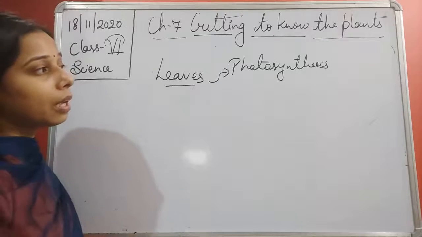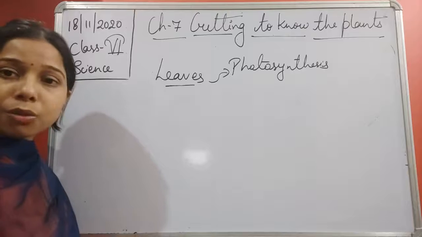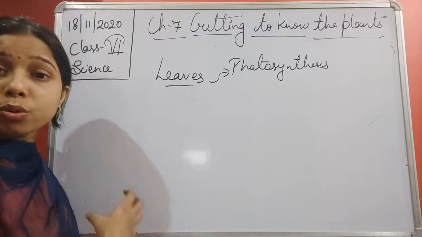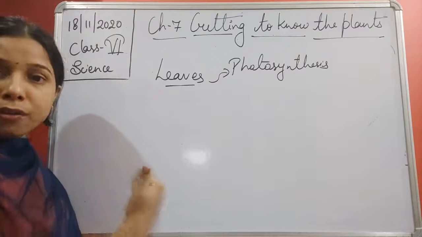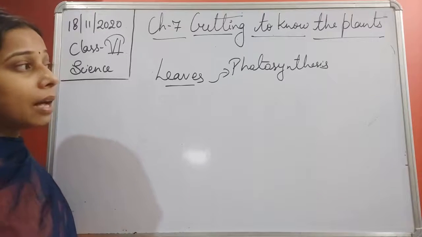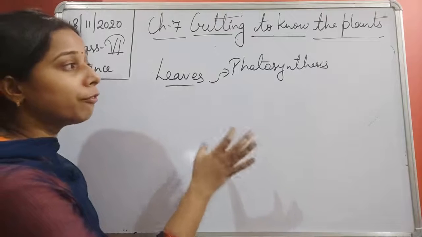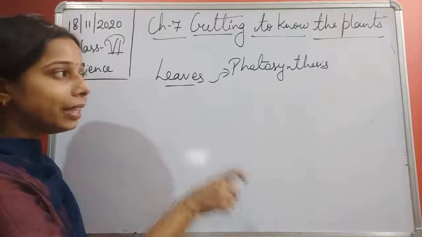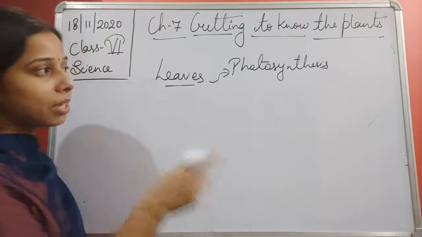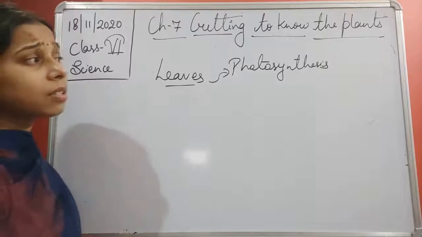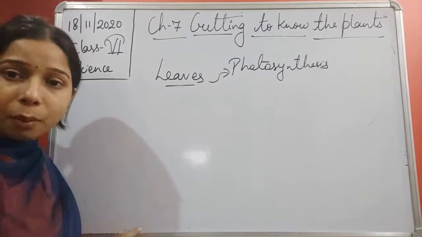You all know that it is because of photosynthesis that we are able to receive food from the plant as well as oxygen. So we can say that the process of preparing food for the plant by the leaves is known as photosynthesis, and this is a very important process.